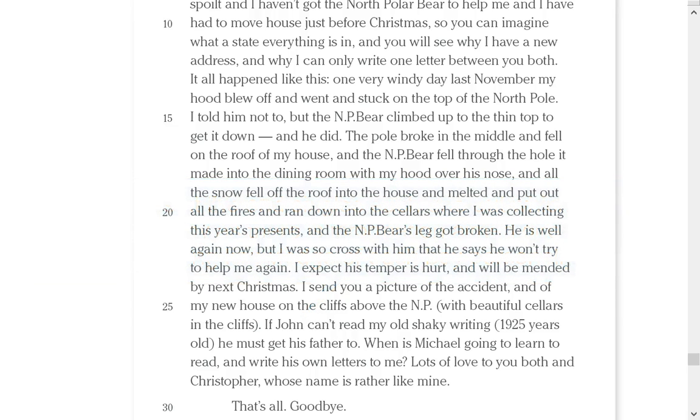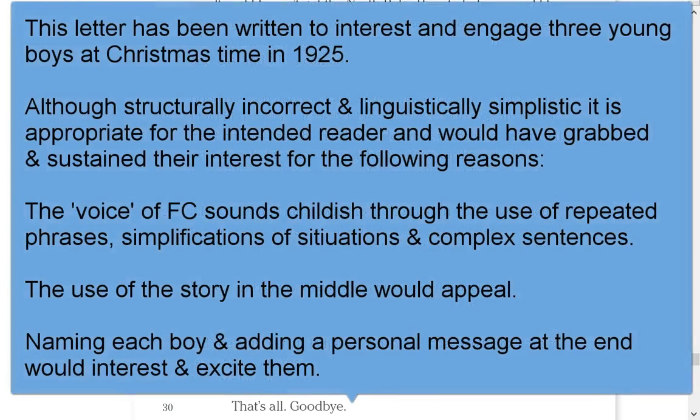So all of the language in here, along with the structure, is designed to engage these young boys. It's not designed to engage us as 21st century adult, older readers. It's designed to engage young boys in 1925, just before Christmas.